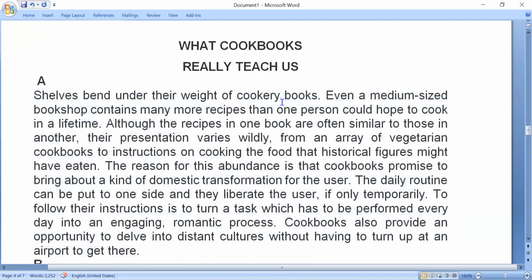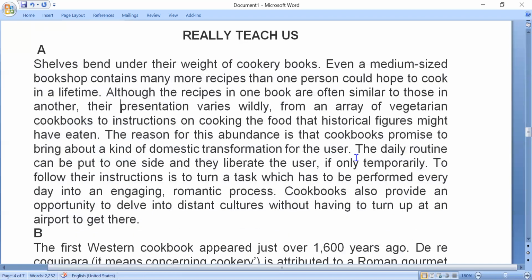Shelves sag under the weight of cookery books, even a medium-sized bookshop contains many more recipes than one person could hope to cook in a lifetime. Although the recipes in one book are often similar to those in another, the presentation varies widely from an array of vegetarian cookbooks to instructions on cooking the food that historical figures might have eaten. The reason for this abundance is that cooking books promise to bring about a kind of domestic transformation for the user.